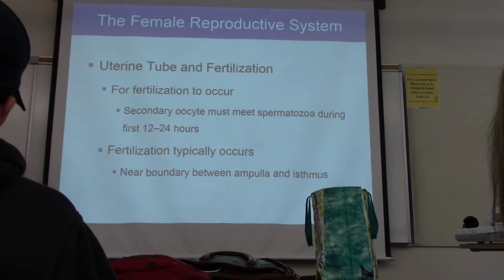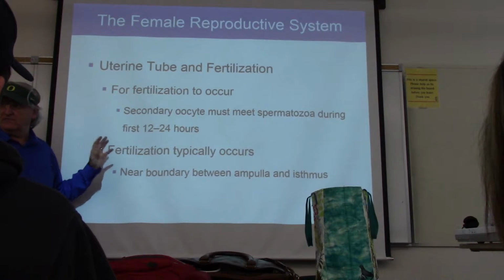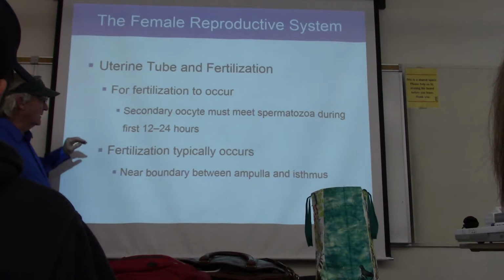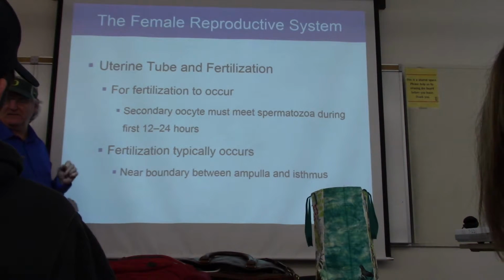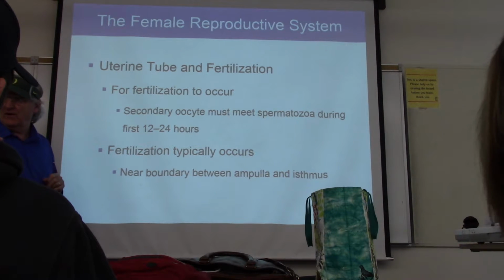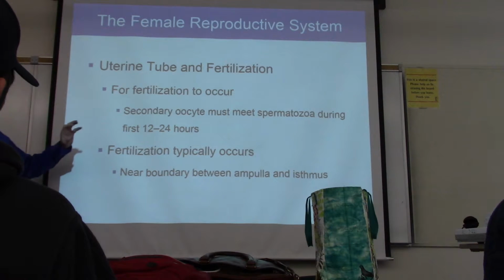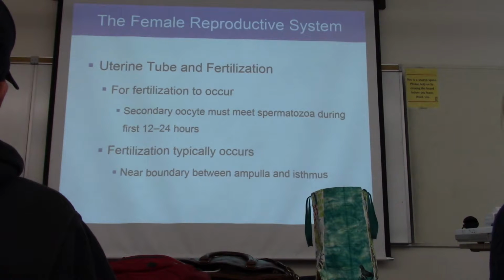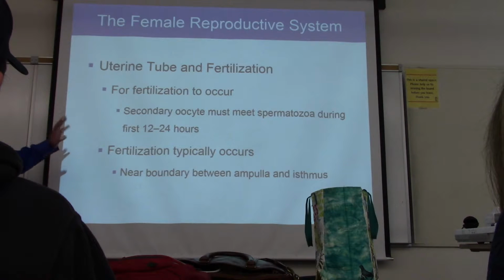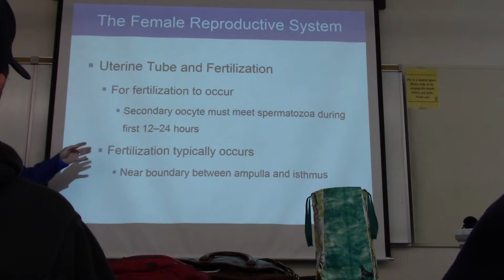It doesn't work that way, because those guys can live inside of you for a few days and be waiting for ovulation to occur, and the eggs can last a while, so the period of this whole thing happening can actually end up lasting 7 to 10 days, and plus you don't exactly know when you ovulate, and that is why the rhythm method of birth control just doesn't work.